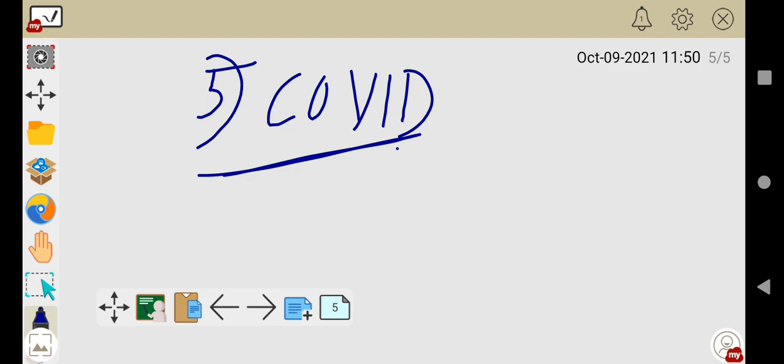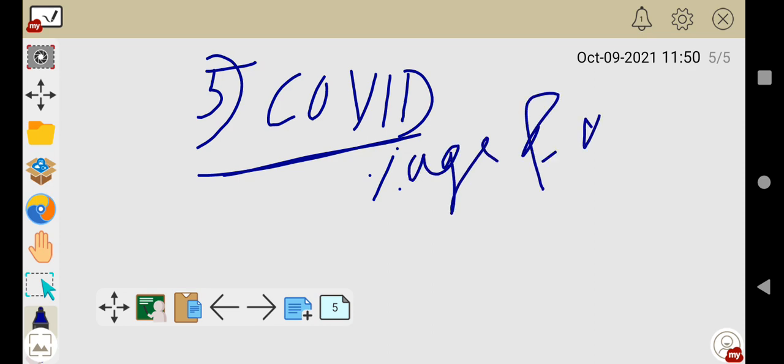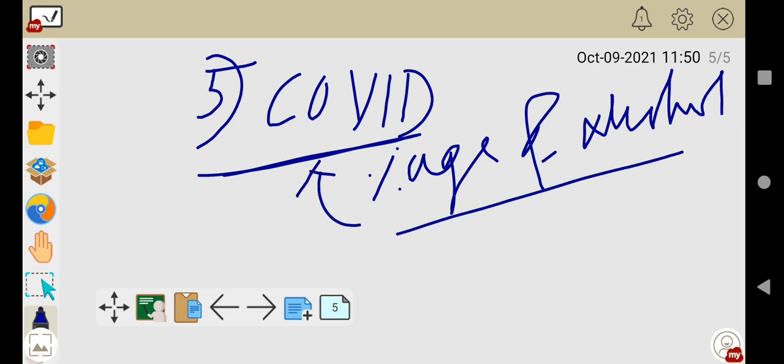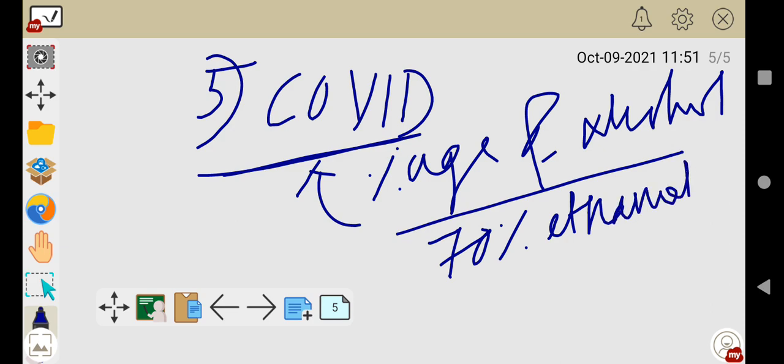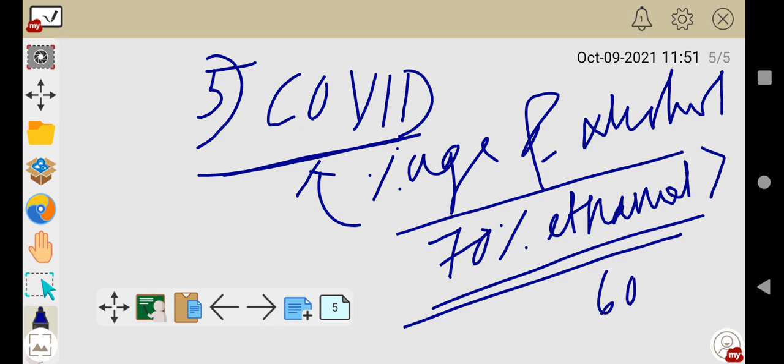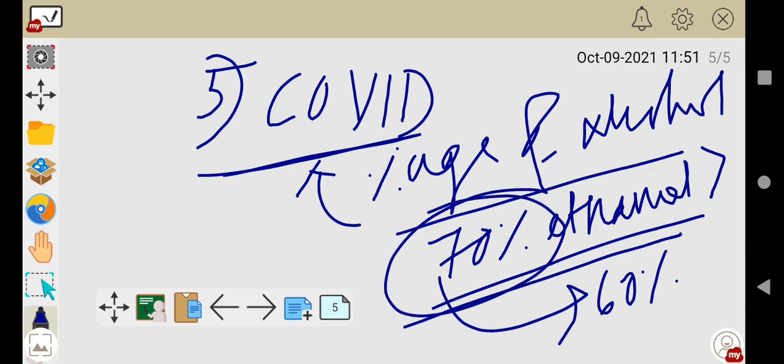What was asked is what is the percentage of alcohol in the disinfectant used in the hand sanitizer? So actually it is 70% ethanol that is used as a disinfectant for COVID, right? 70% ethanol is the best answer, better than 60%, correct? If in the options you don't get 70%, then you have to mark 60%, correct?